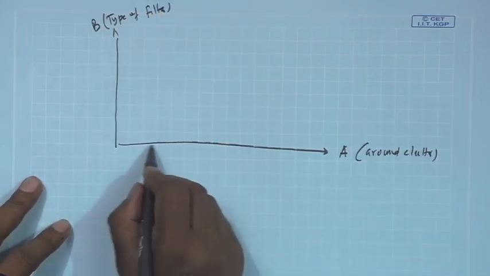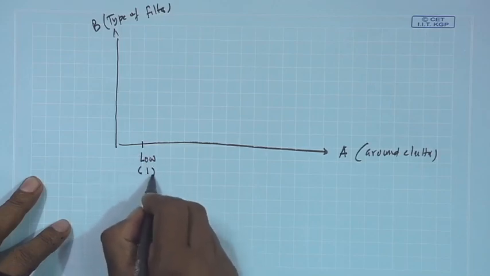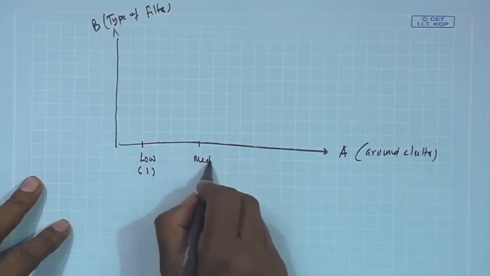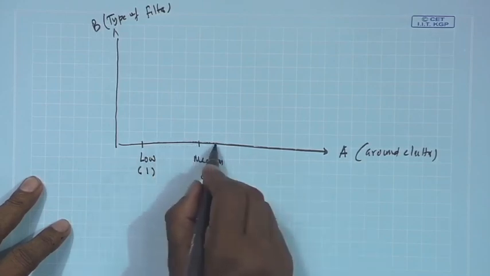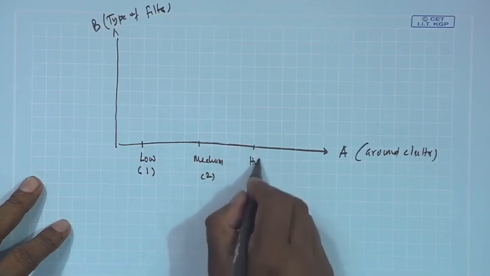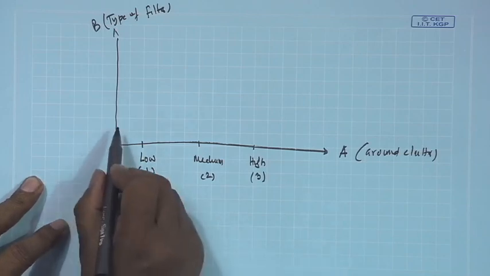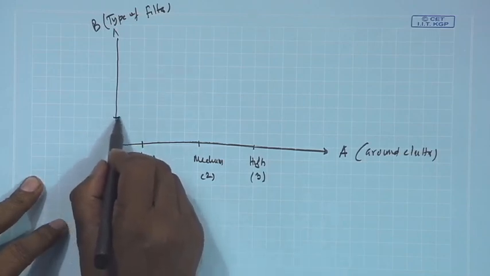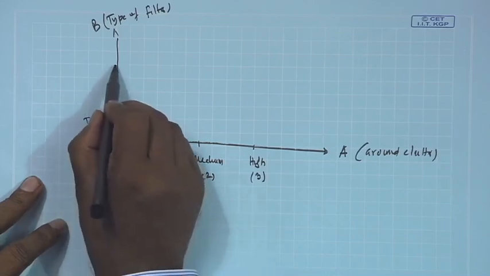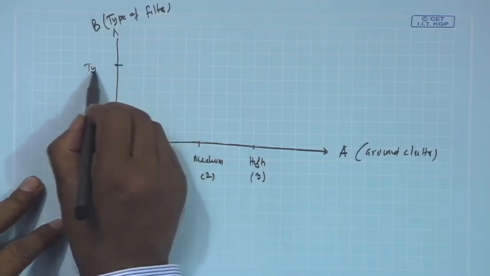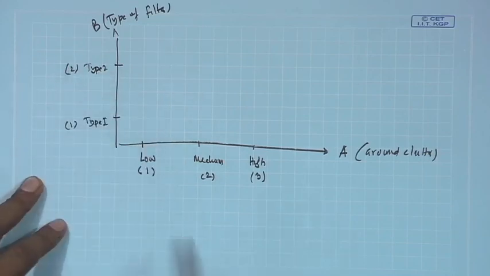You have three levels for ground clutter: low, I can say 1, medium maybe 2, and high 3, and you have two levels for filter: type 1 filter and type 2 filter. So, this is level 1, this is level 2.